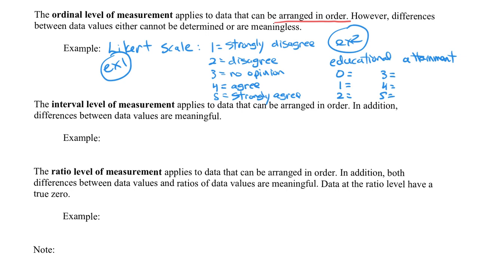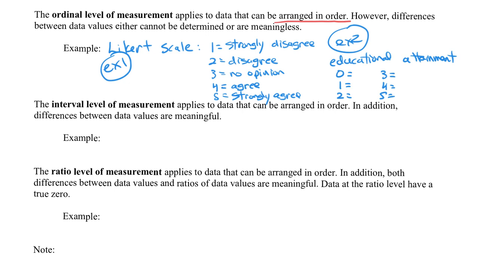So there is an order, but it's hard to talk about the difference between these two as being the same as difference between, say, these two. All right, so ordinal level of measurement, we can arrange the data in order.